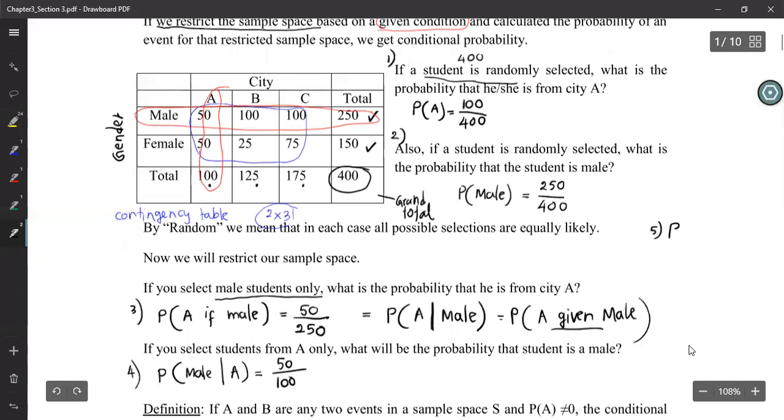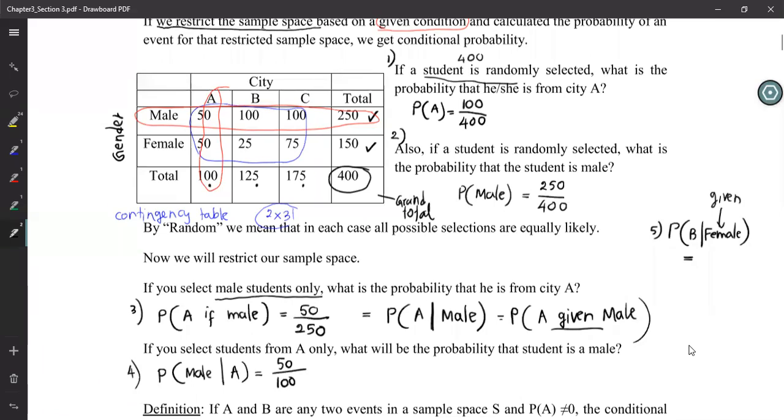Can you find the probability of B given female? B given female. Okay, so what is your restricted sample now? Only females. You look at the given one. See, the given is female. It's given. So you already know your sample is now females only.